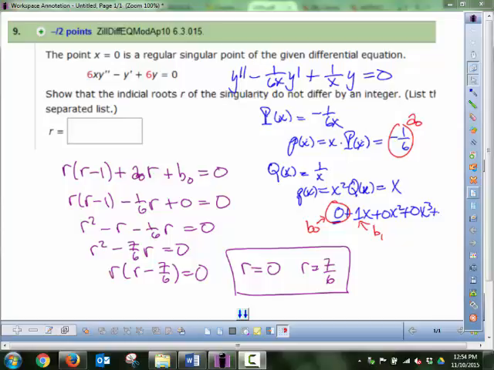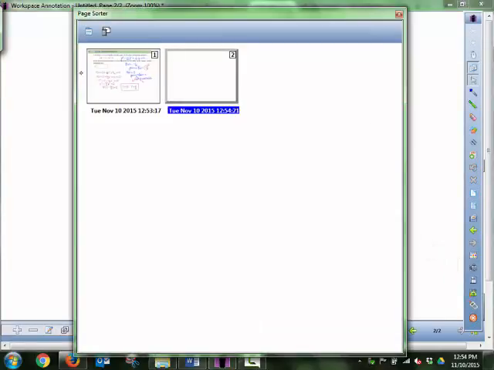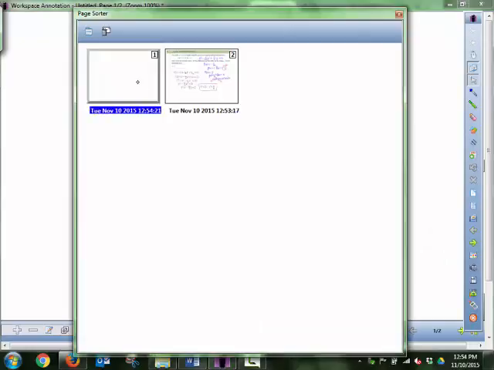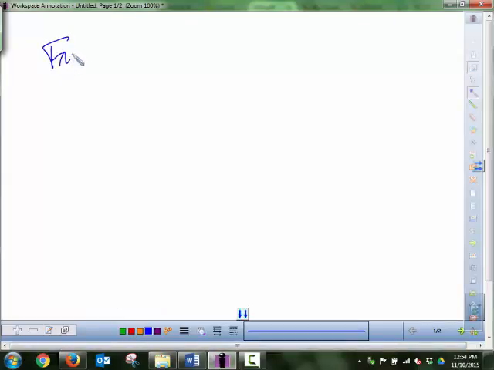Let me squeeze in another page here. So Frobenius allowed us to modify our power series.